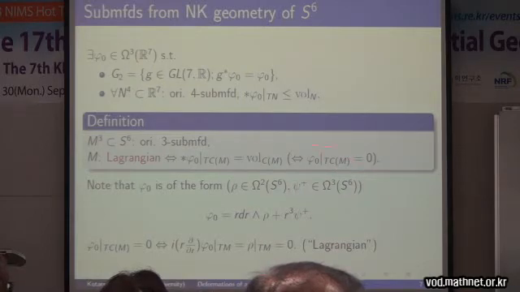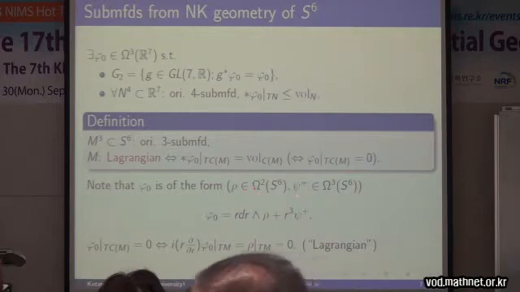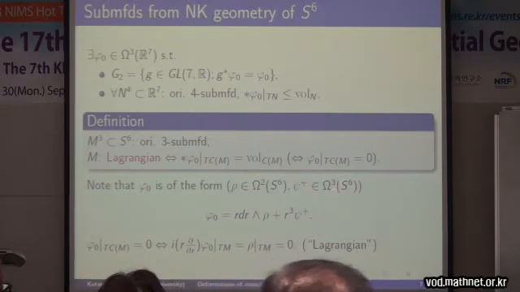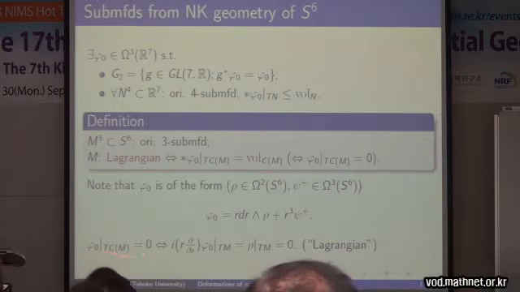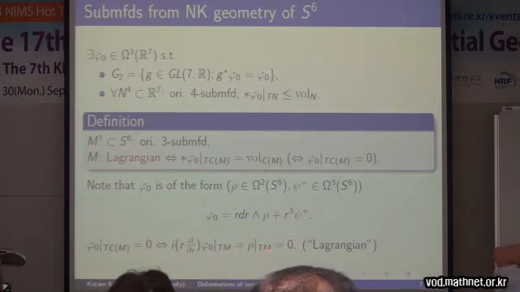Next we will explain why this submanifold is called Lagrangian. First, note that this phi 0 is of the form phi 0 equals r dr wedge rho plus r cubed psi plus. Here rho is a 2-form on S6 and psi plus is a 3-form on S6. So if we consider phi 0 restricted to TCM equals 0, this is equivalent to this form vanishing.